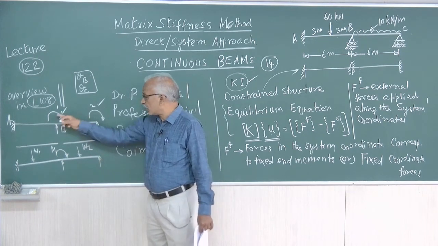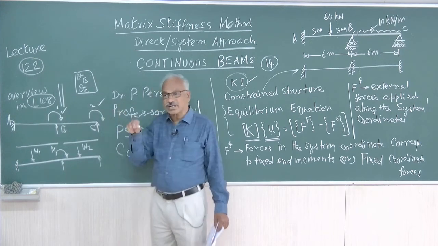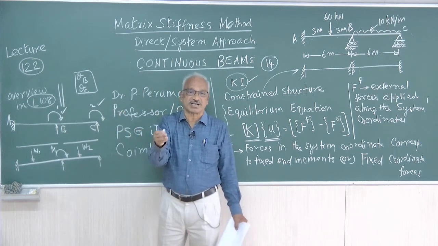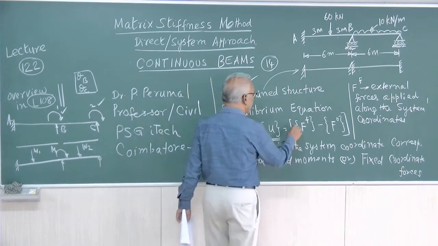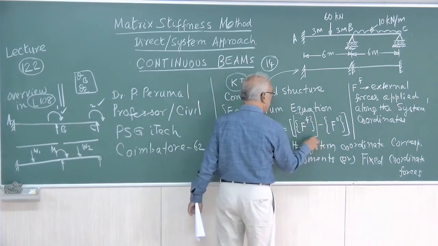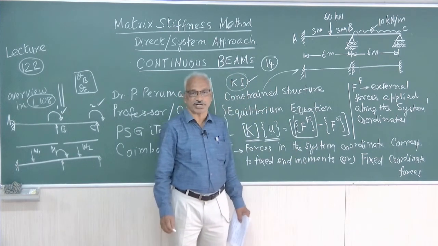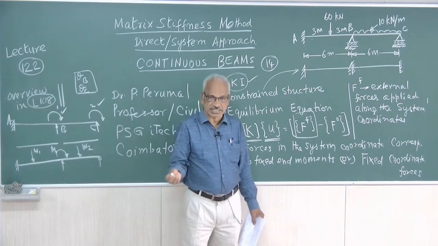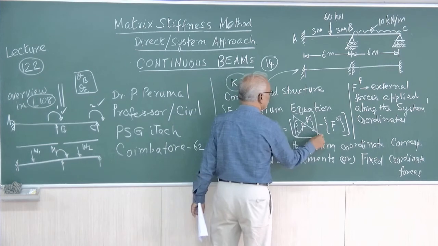So, corresponding to the two coordinates, if external forces or external moments are applied along the system coordinates, that we have to mark here. So, this corresponds to the external forces applied along the system coordinates. Some moment or some force is given. Right. If that is not given, this value will be 0.